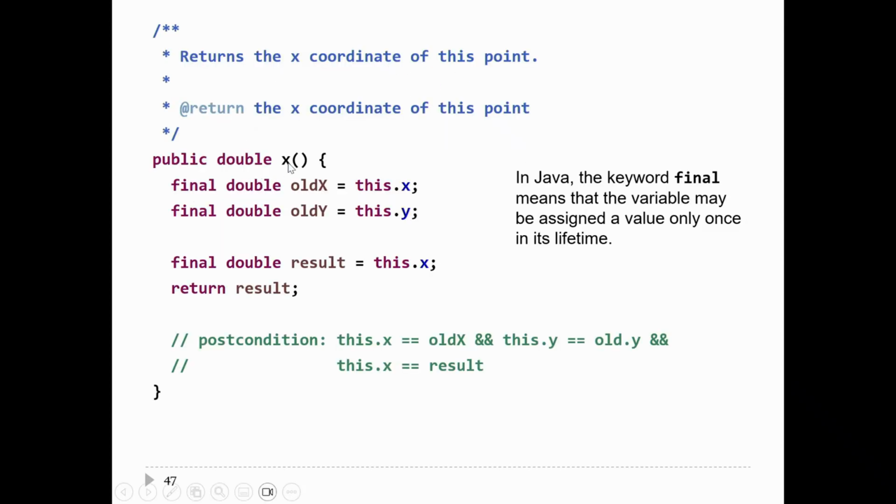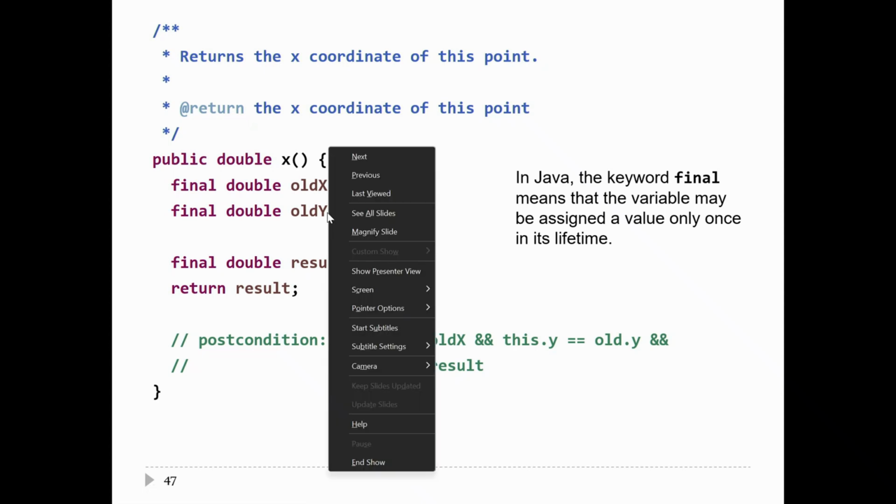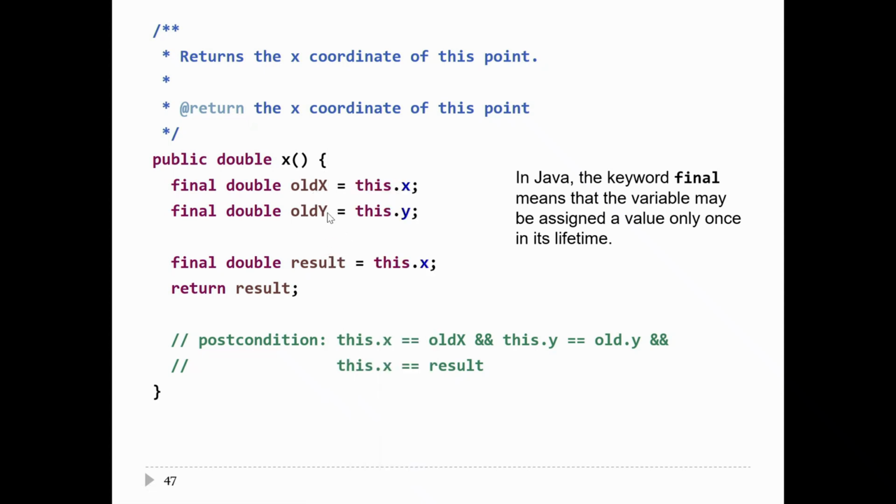So the very first thing in the method, I'm going to make a record of, I'm going to remember what x and y for this point are. I'm going to create a local variable oldX and a local variable oldY, and set them to this x and this y. And I'm going to make sure that those values can never change, so I'm going to mark these two variables as final. Once I assign a value to oldX, oldX never changes. Once I assign a value to oldY, oldY never changes.